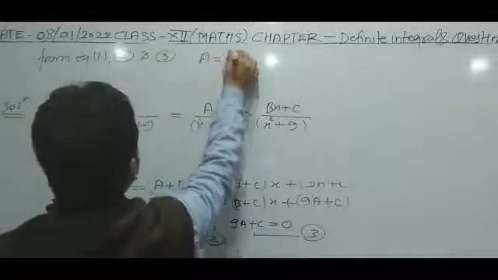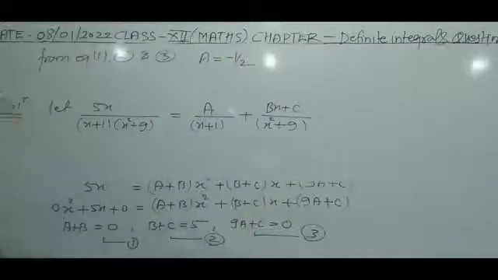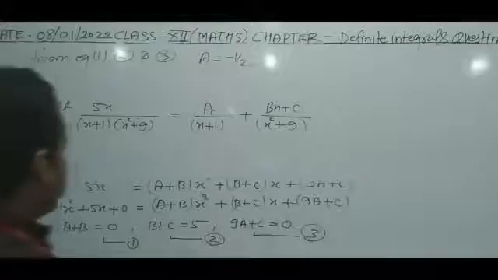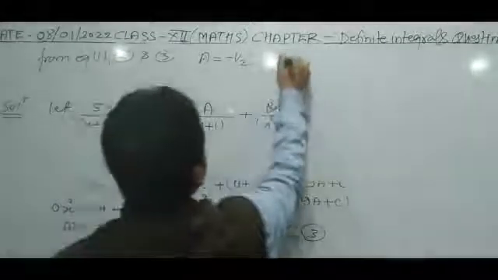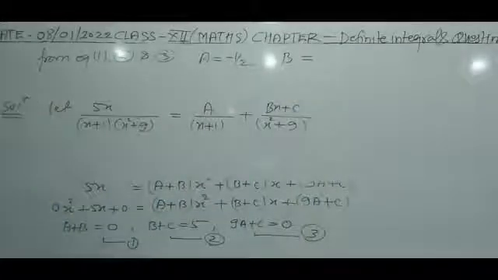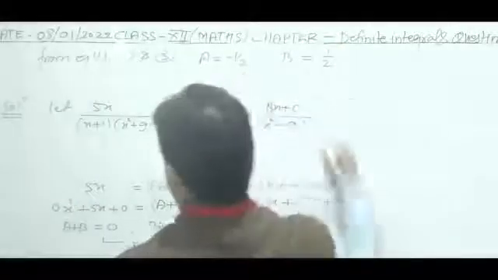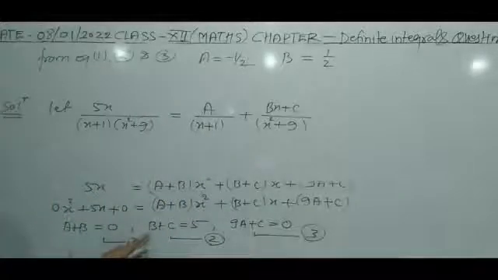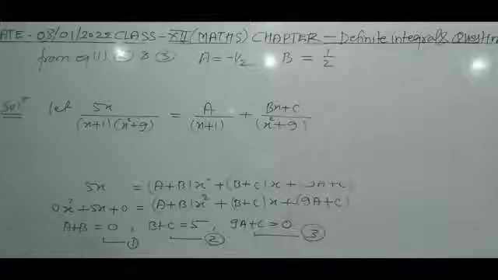a is equal to minus 1 by 2. b is equal to, when a is equal to minus 1 by 2, then b will be equal to 1 by 2, because the sum of both is 0. And b is equal to 1 by 2, then c will be 5 minus 1 by 2, result will be 9 by 2.